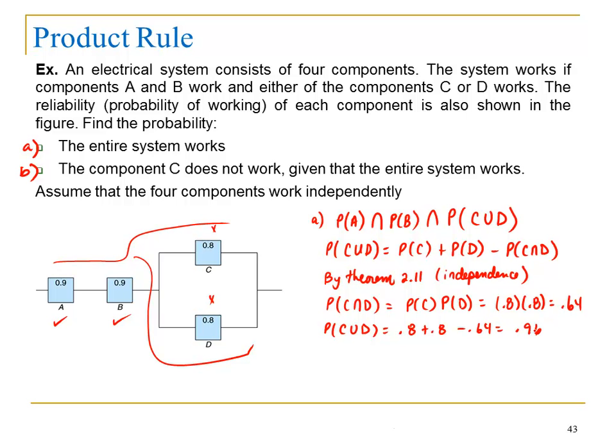So the probability of A intersection B intersection C union D equals 0.9 times 0.9 times 0.96, and that is equal to 0.778.